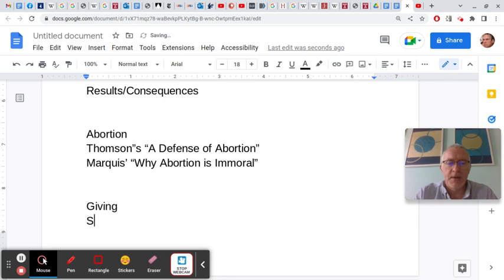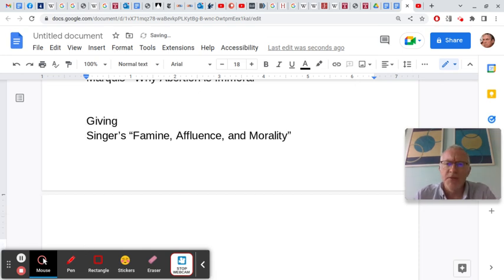Peter Singer's very famous essay, Famine, Affluence, and Morality, which is again from the early 70s, is about what our duties or obligations are, in his opinion, in terms of what we need to do for people all around the world who we know to be suffering and dying, if we have the capacity to give up some of our wealth or resources, whatever our duties and the extent of our duties, in order to help them.